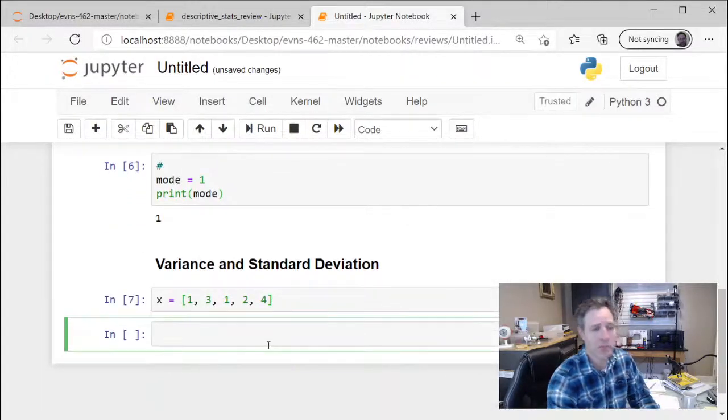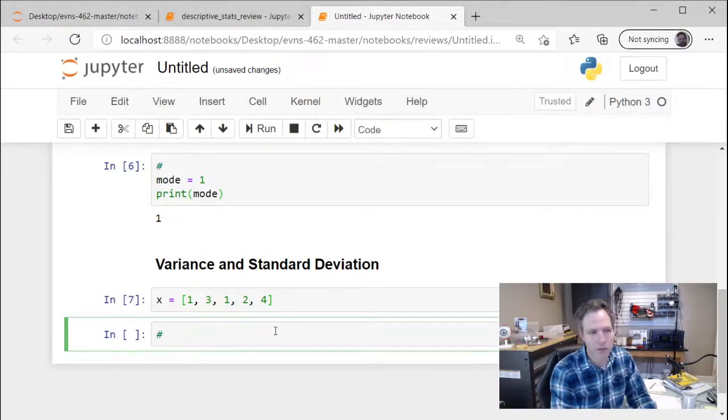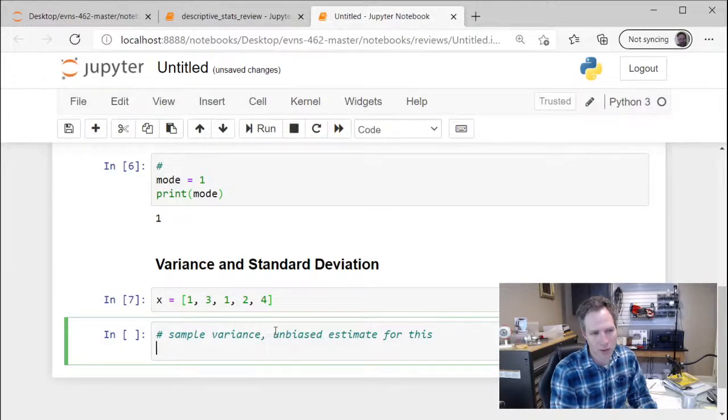Okay. So the steps in calculating variance, and if you're not told otherwise, assume it's sample variance and then use the unbiased estimate for this. Okay. And so I will give you a small data set and expect you to be able to do this once so you can show me that you know where it arises from, out of what calculations it comes from. All right, so the first step in calculating the variance is to find the mean, which we already did.